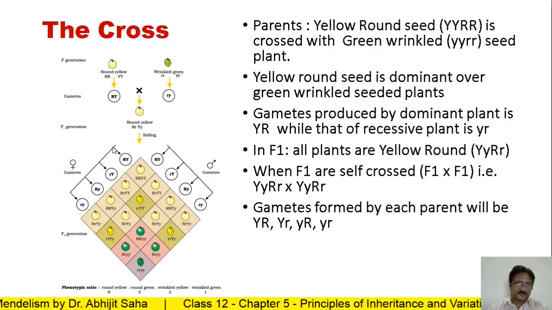So they are plotted. Male gametes this side, female gametes this side, and we find 16 possible combinations. These are the genotypic combinations. Now, when we consider their phenotypes, what do we find? 1, 2, 3, 4, 5, 6, 7, 8, 9.